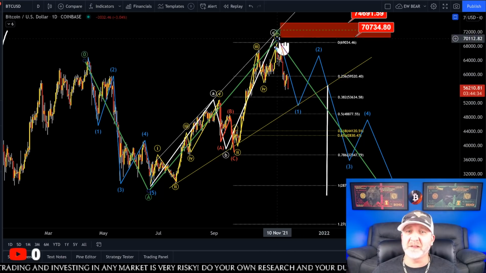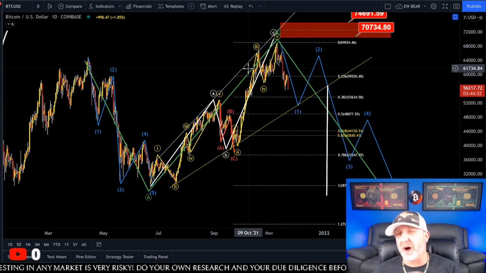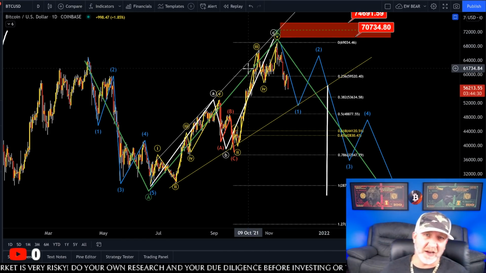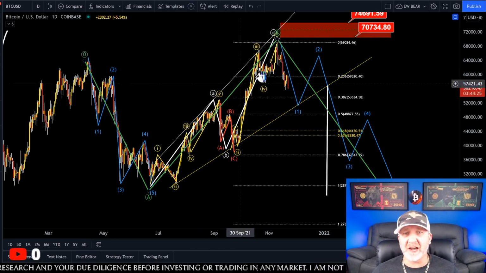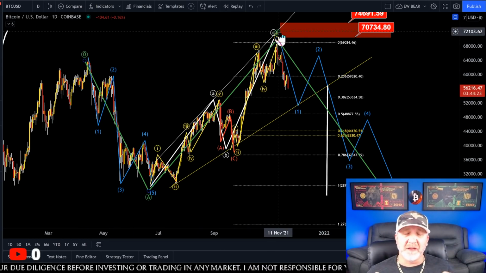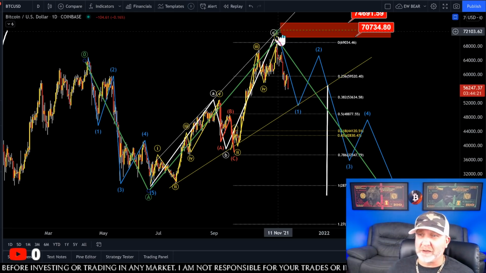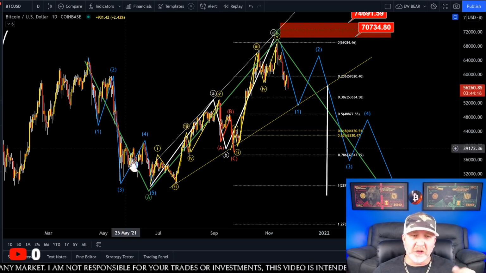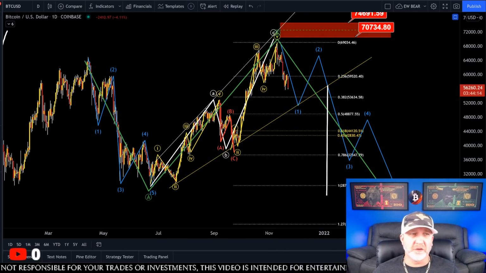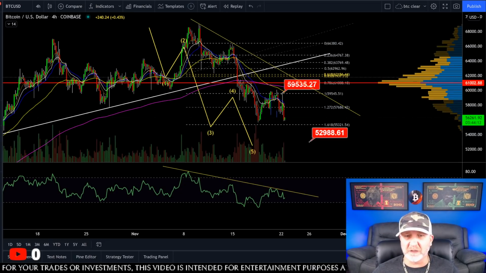I did not think the B was going to go so high. I thought around 57 to 60,000, somewhere in there, the highest, but we broke this high here and made it an irregular correction. So keep that in mind. That stuff can happen, but all in all, it's still looking like this big ABC correction. I still believe that is exactly what we're looking at.